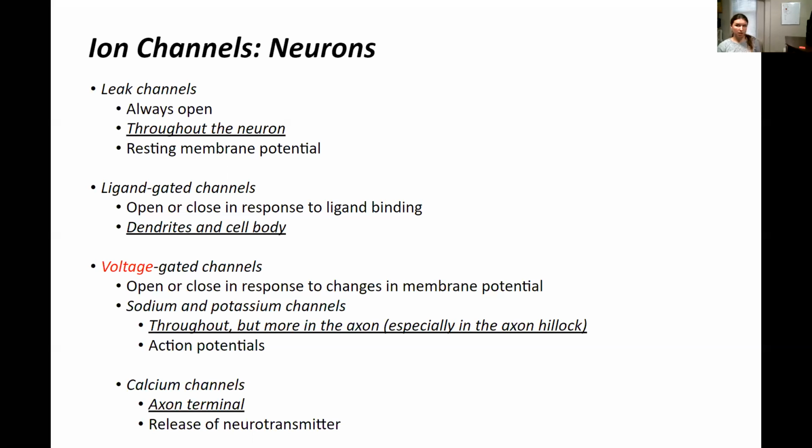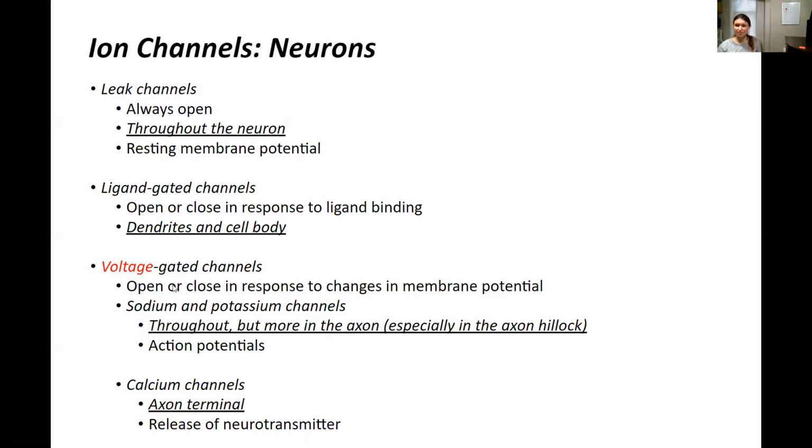As we move forward and talk about the action potential, and our neuron, the one we're tracking, sending out its own signal, we're then going to talk about voltage-gated channels and calcium channels. For the next day or two, what we're really going to be focusing on are these voltage-gated channels. They open or close in response to changes in the membrane potential.